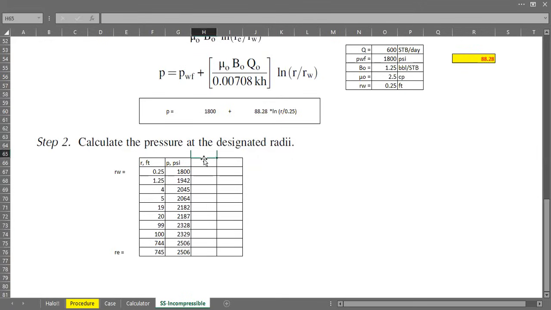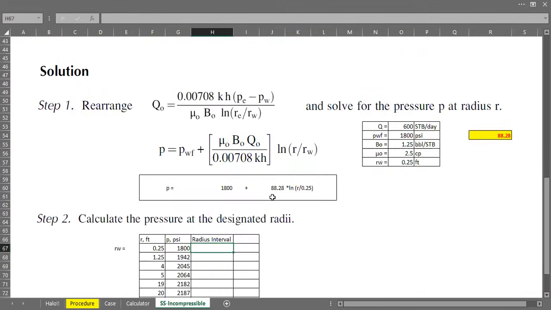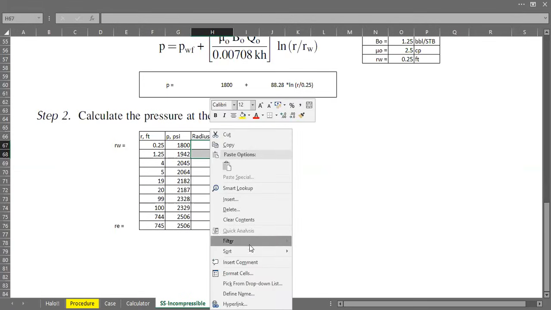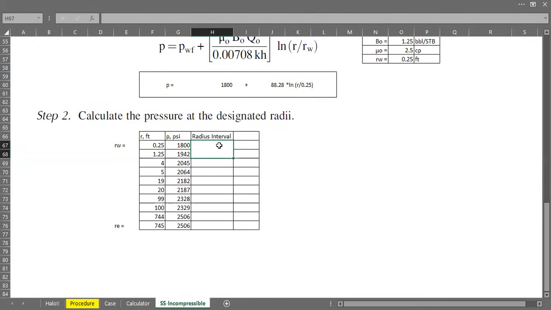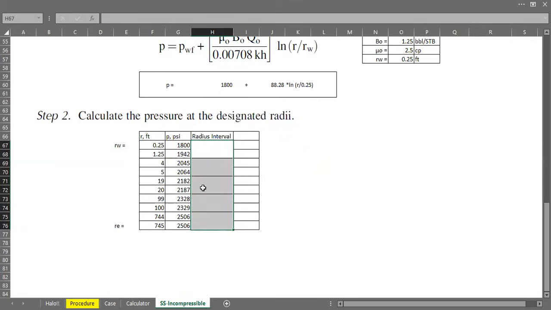Now let's say I want to make just a radius interval as per the assignment. Okay, because we are asked to list the pressure drop across 1 feet intervals. So I will make this 1 feet, and then merge like this, interval 1 feet, 1 feet, 1 feet, and 1 feet. Okay. And then format cells.